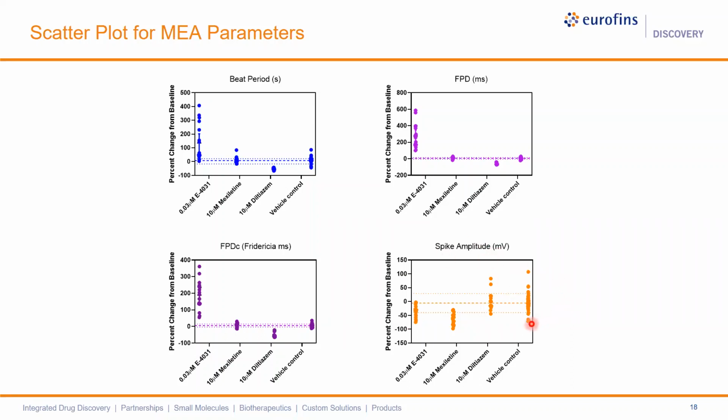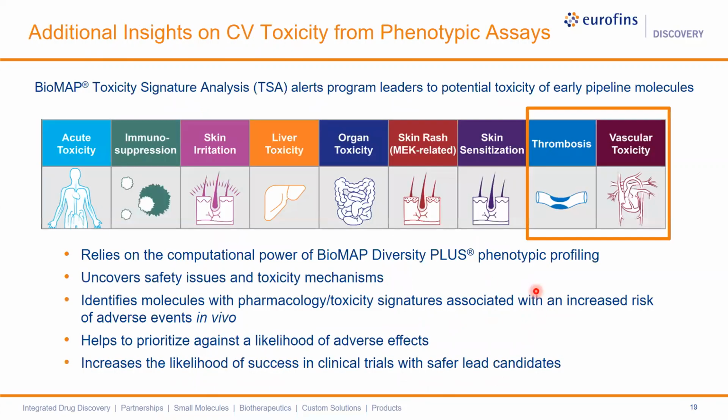And lately, Fujifilm has said, just change the media the day before and then measure the vehicle control as the first measurement of the day, and then change the media to control and positive controls, and then measure the effect of drugs on the MEA parameters. And that way, all other data are getting very tight, except the spike amplitude. And I have talked to people around, they also said that they do see the same thing.